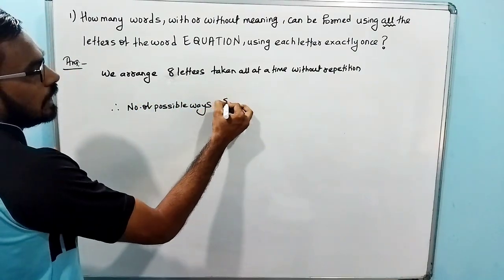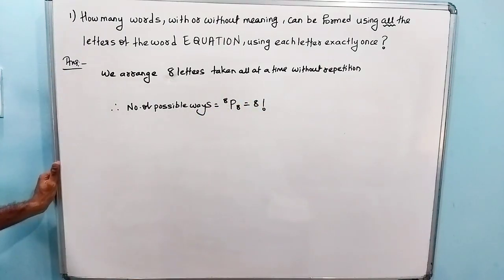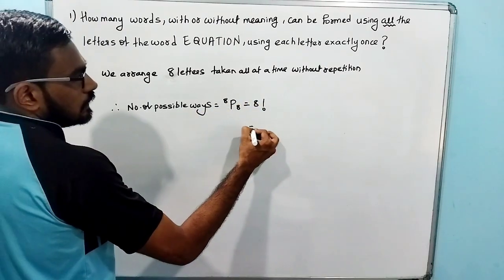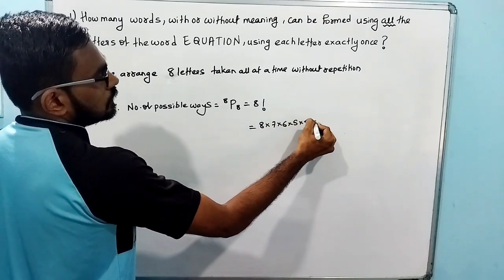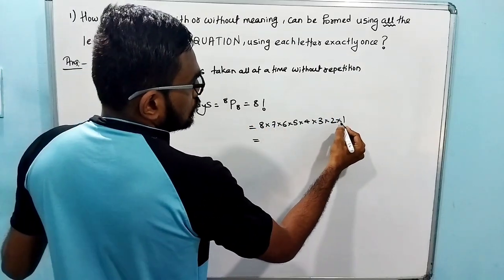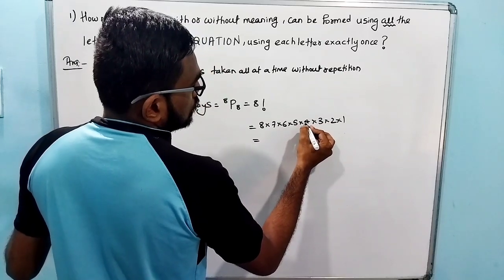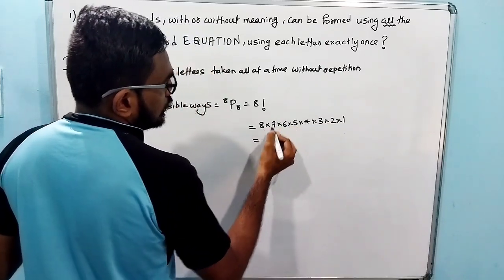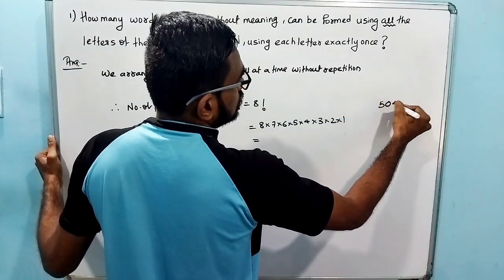So 8P8, which as we know is 8 factorial, we saw just now. So it is 8 factorial, which is 8 into 7 into 6 into 5 into 4 into 3 into 2 into 1. So this much is 24, 120, 720, 5040 into 8. So what it is, 5040 into 8.